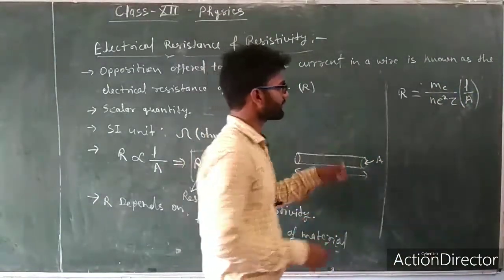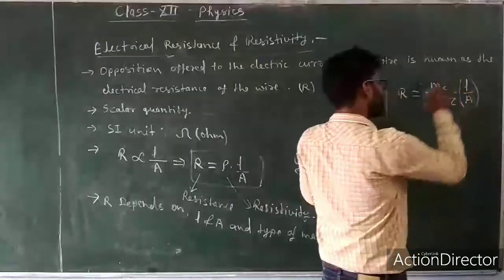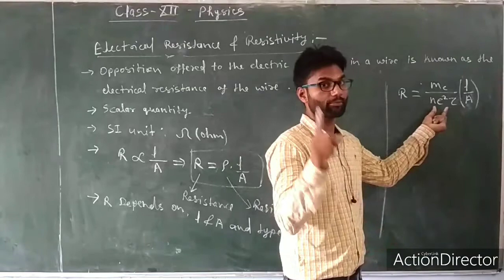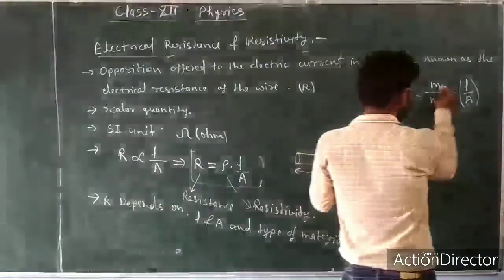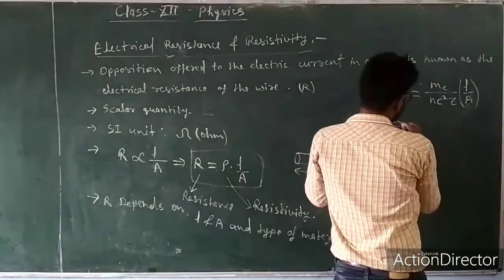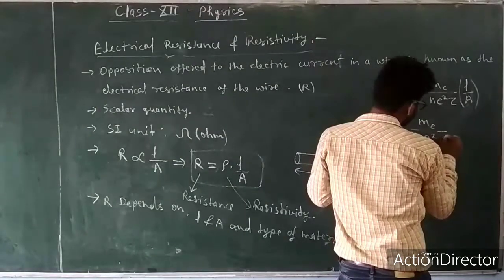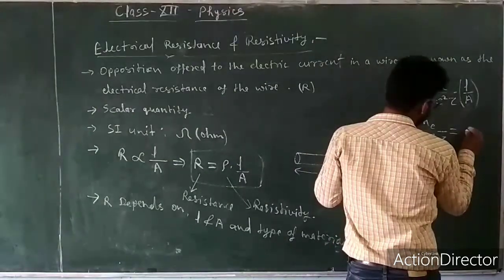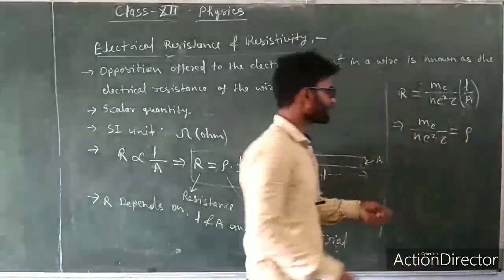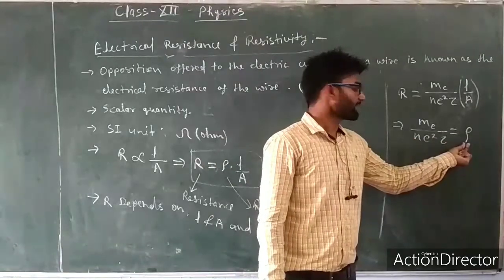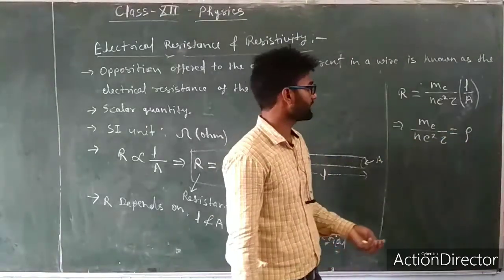So as we can see, these all quantities are fixed for a material, right? So this particular quantity, m_e divided by n e squared tau, is denoted by rho and called the resistivity or specific resistance of the wire, right?